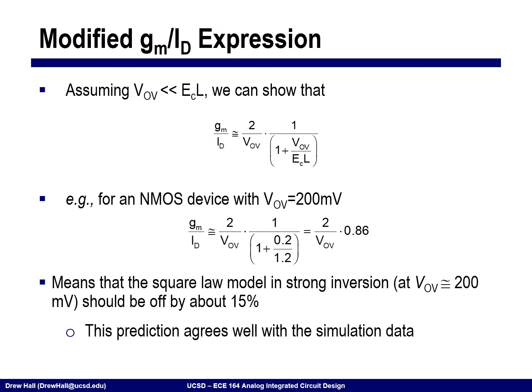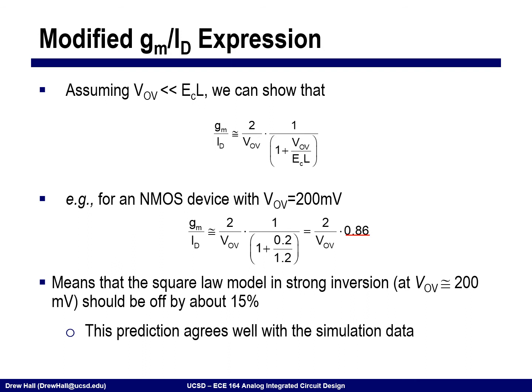If we have VOV much less than the critical field times the length, we can show that GM over ID is 2 divided by VOV times this band-aid that we added onto the previous slide. And so if we look at an NMOS device, again, with 200 millivolts of overdrive voltage, we would get a transconductance efficiency of 2 divided by VOV times 0.86.